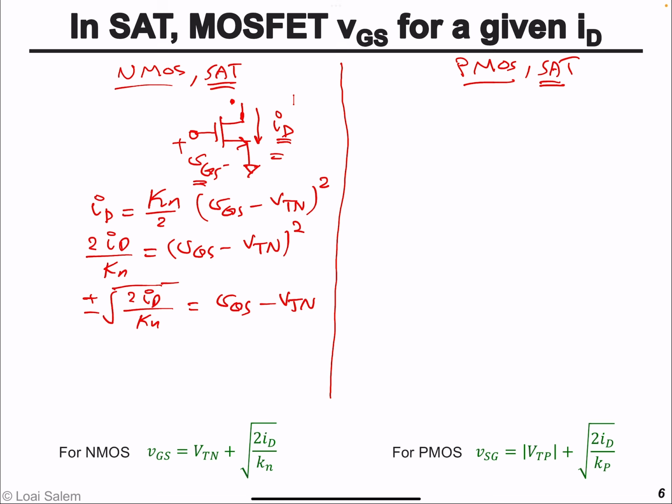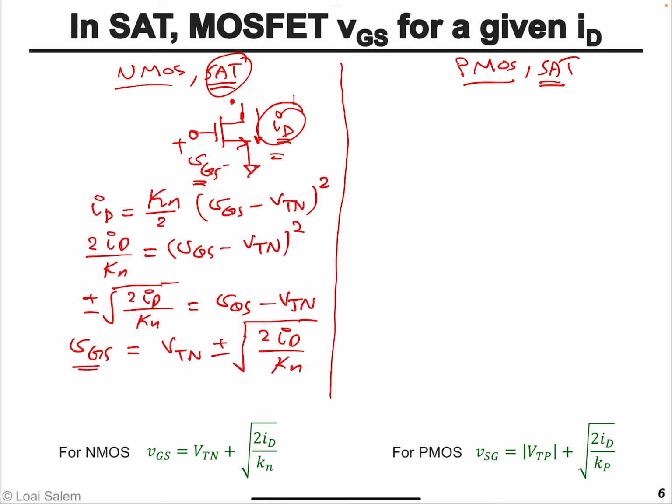And so the value of VGS for this particular ID flowing in the NMOS transistor while it's in the saturation region is going to be VTN plus or minus the square root of 2ID divided by Kn.